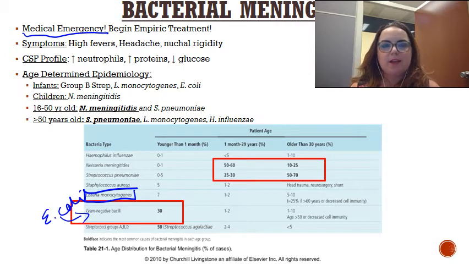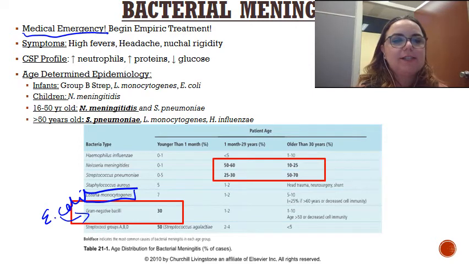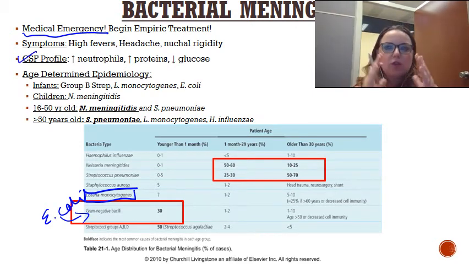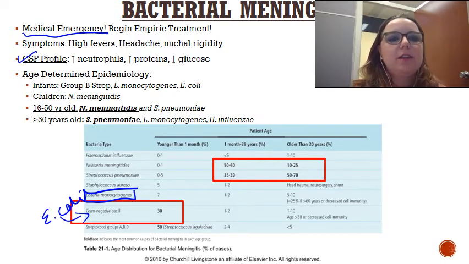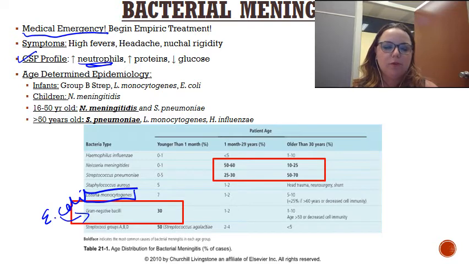One of the ways we can tell early on, before any of the gram stains or cultures or anything comes back, if a patient might have bacterial meningitis is actually the CSF profile. So bacterial meningitis has its own signature in your CSF. We're going to see a lot of cells, and particularly those cells are going to be neutrophils, polymorphonuclear cells, PMNs, however you want to refer to them.